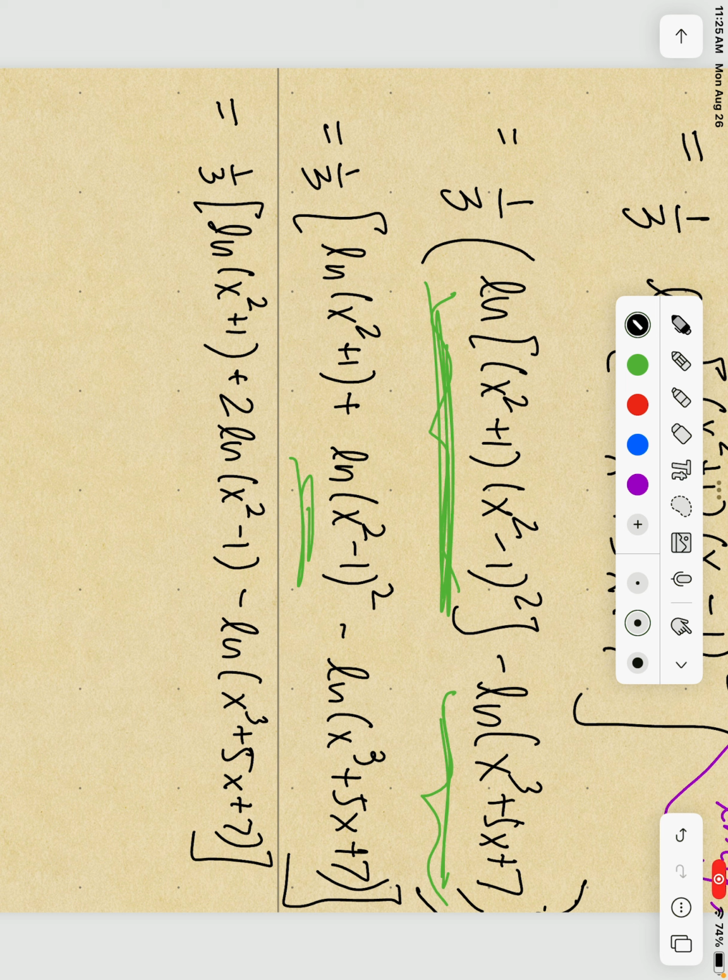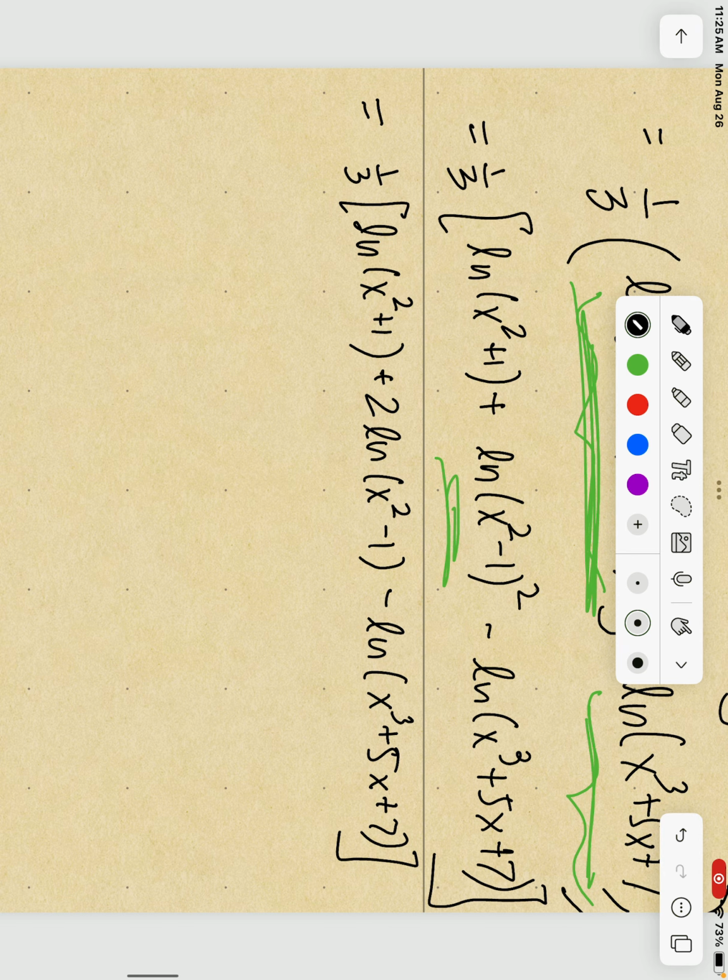And that's as simplified as I can make it. I can't simplify ln of x squared plus 1. Okay, this part doesn't simplify. This part doesn't simplify. Well, if you really wanted to, you could factor x squared minus 1 as x plus 1 times x minus 1, but that doesn't really make it any simpler.